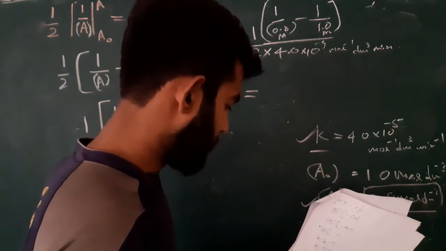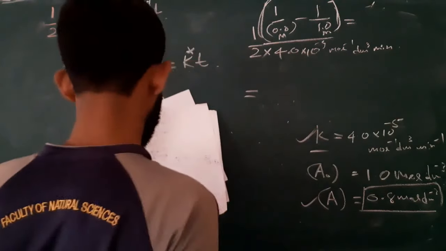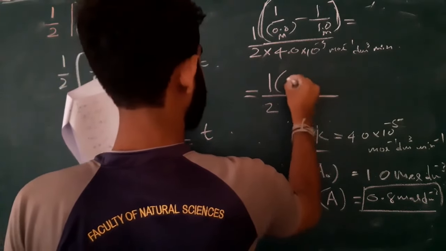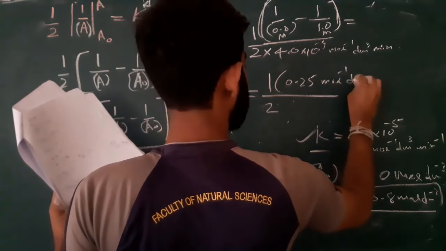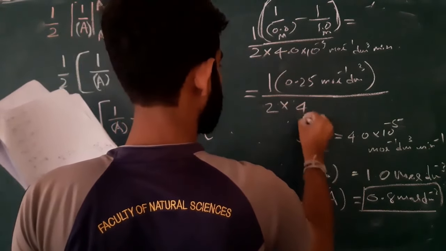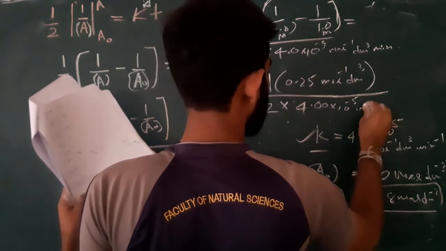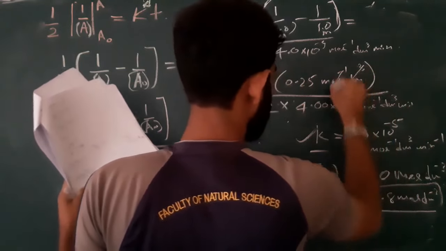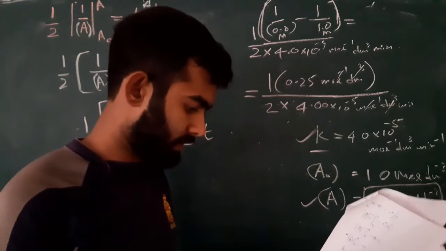So the answer for the bracket portion will be 1 over 2, here 0.25 per mole cubic decimeter, divided by 4.00 times 10 to the power minus 5 per mole cubic decimeter per minute. Units will cancel out.